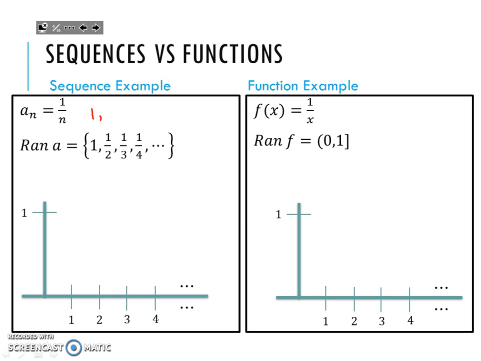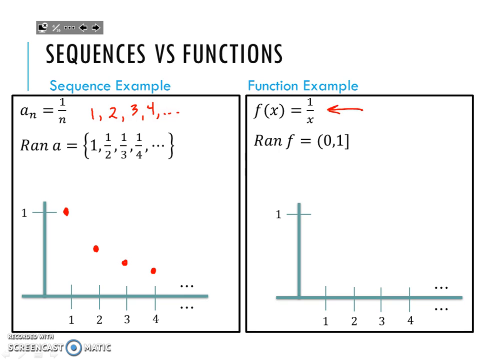If my domain was 1, 2, 3, 4, so on, I'm going to get the point 1, 1, the point 2, 1/2, the point 3, 1/3, the point 4, 1/4, versus functions that we've been dealing with.